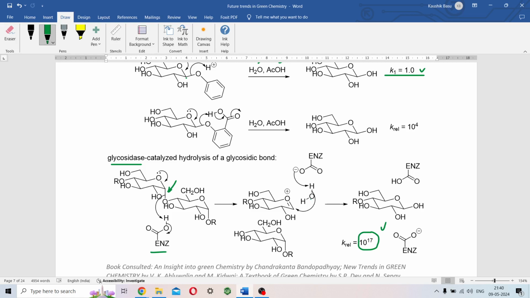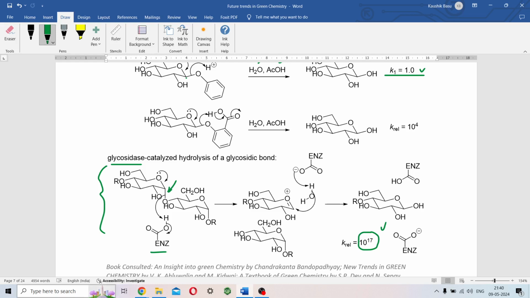If you look carefully at this mechanism, which can only be discovered and deciphered if you know the organic chemistry behind glycosidic cleavage. You can't possibly know about this mechanism if you have no idea about the organic chemistry of glycoside bond cleavage. But suppose you know everything there is to know about glycosidic bond cleavage, and you have at your disposal the techniques used to probe the mechanism, and you have probed it.